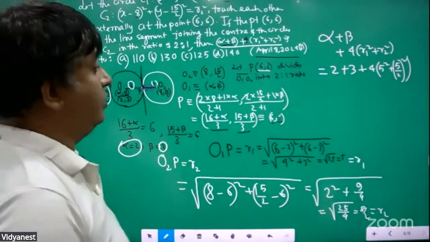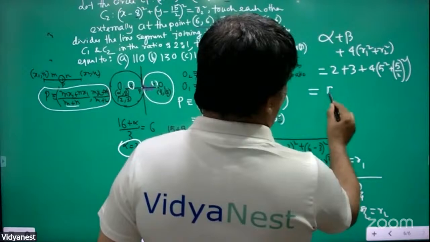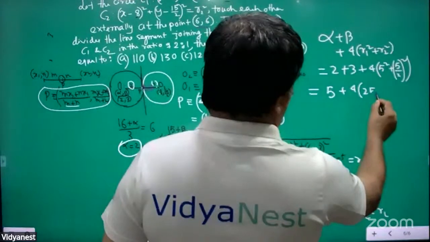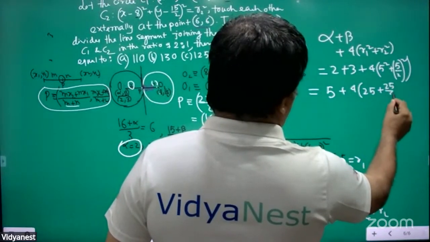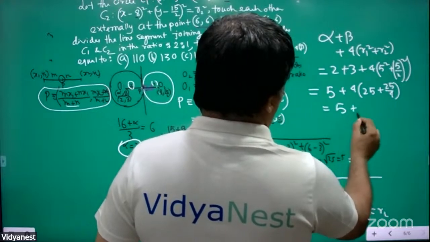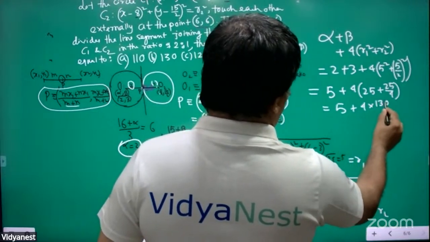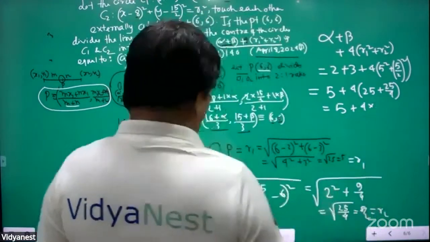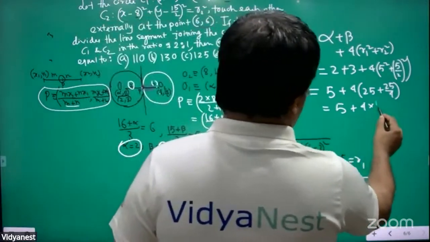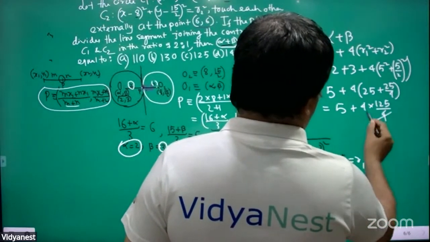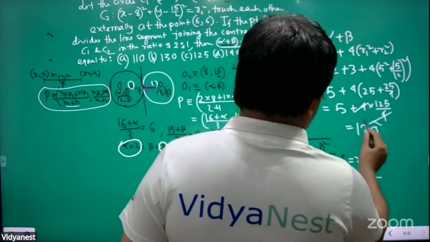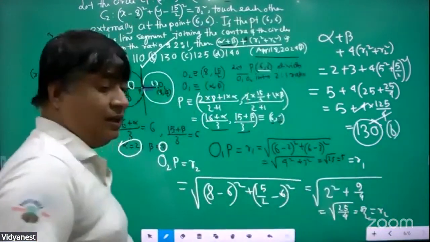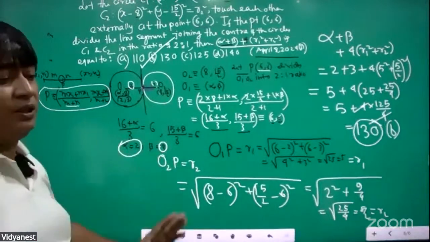So we are on the verge of conclusion. 5 plus 4 into (25 plus 25/4). Must be careful in calculation. 5 plus 4 into 125/4, the 4 will get cancelled. 5 plus 125, that is 130. Option B is correct. So JE level is achieved here.